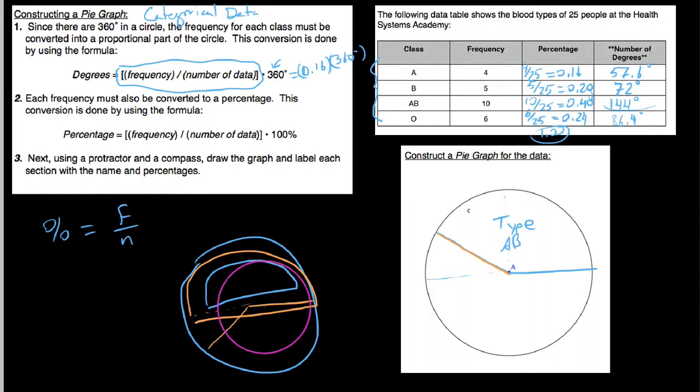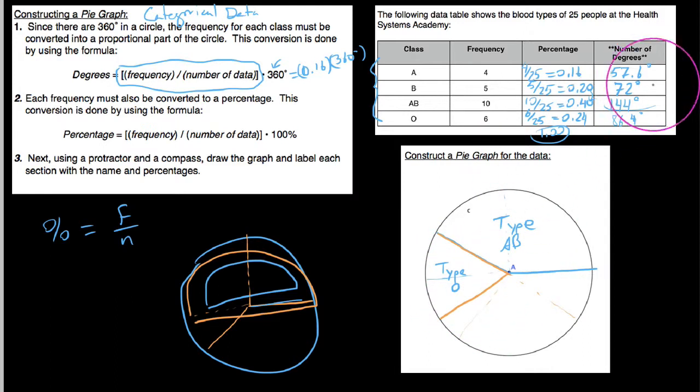And I would measure off of this line 86.4 degrees, which would be somewhere like right here. I don't have the capability to do that in this case, but I can say that 90 degrees would be about right here. So 86.4 would be somewhere about right here. So type O is about this 86.4.